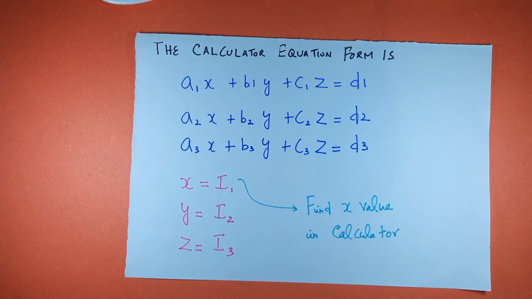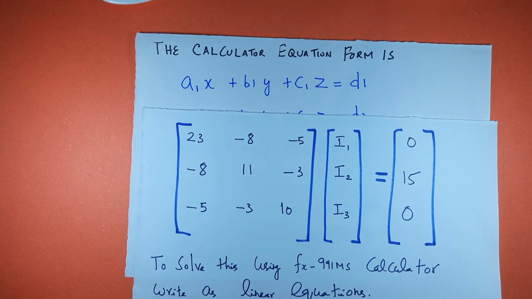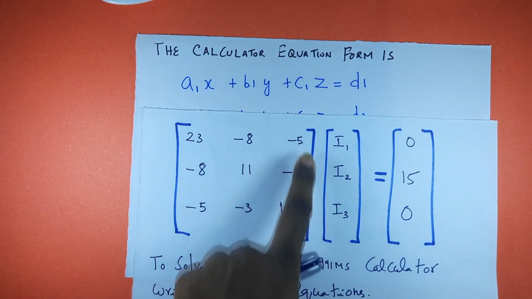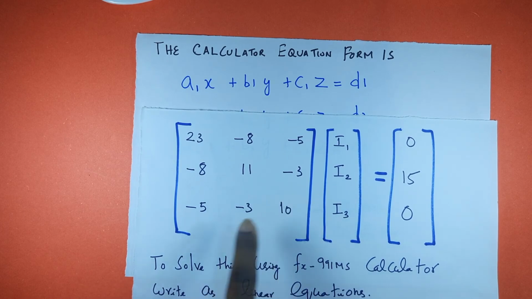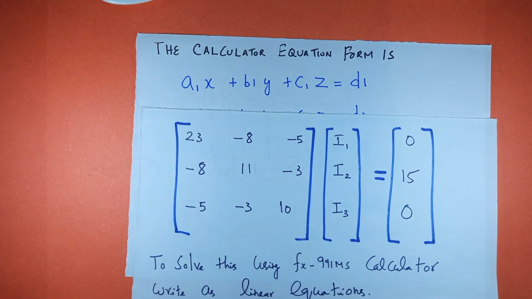Now we shall see how to use a calculator to solve this equation. You have to remember A1 is this, B1 is this, C1 is this, A2, B2, C2, A3, B3, C3, D1, D2, D3.